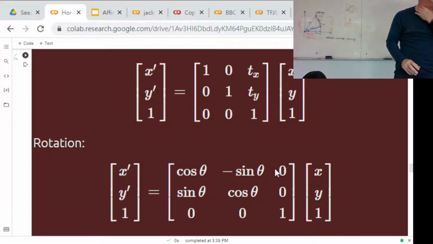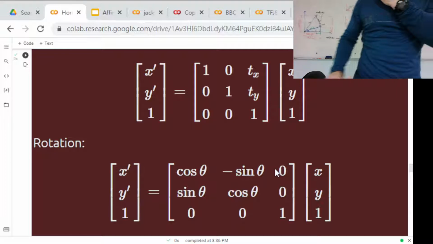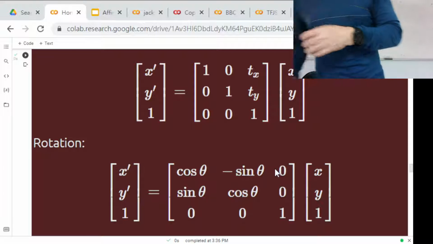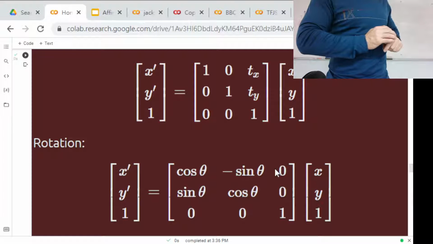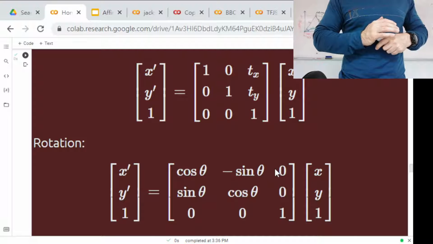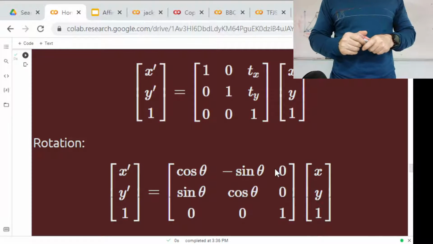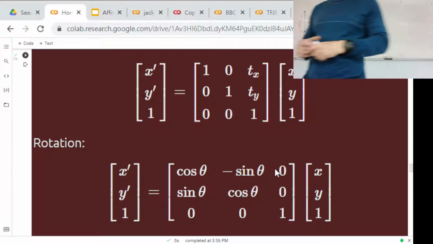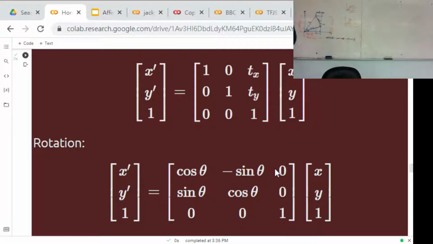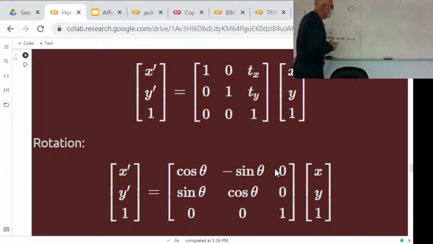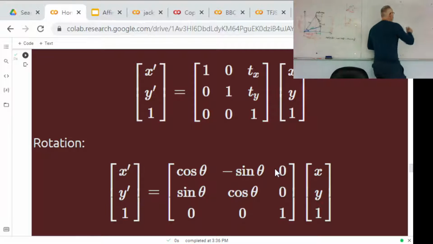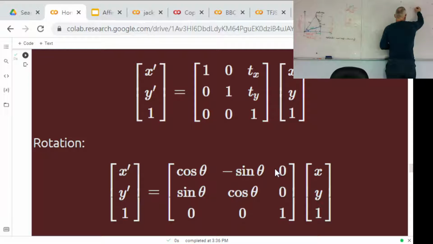Another big advantage of having a common representation and representing the transformation in a 3 by 3 matrix is that now I can also calculate compound transformations. So let's say I have a translation and I take my points and I translate them by tx, ty.